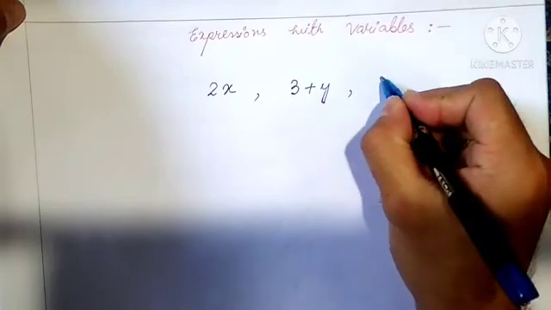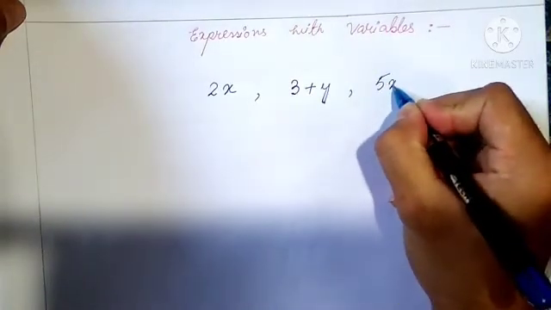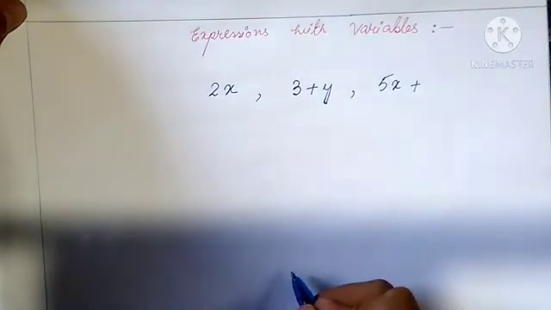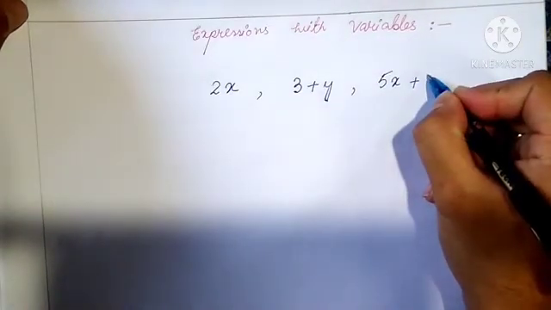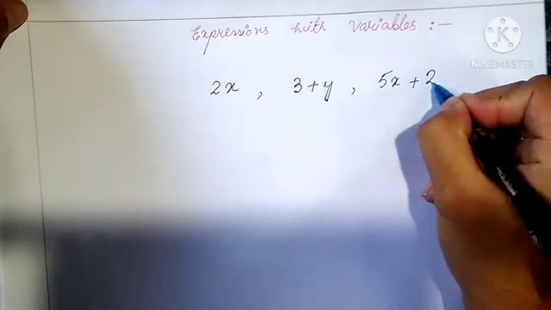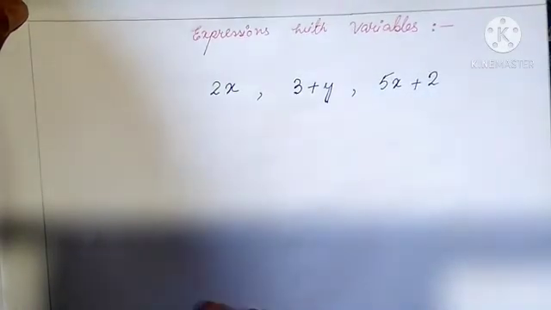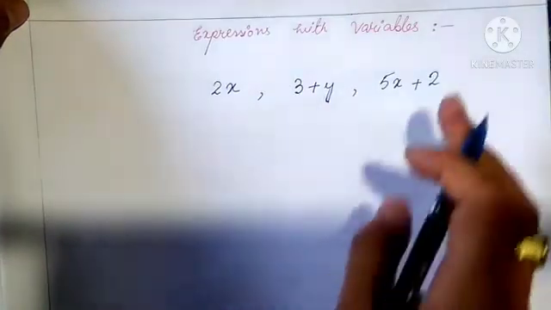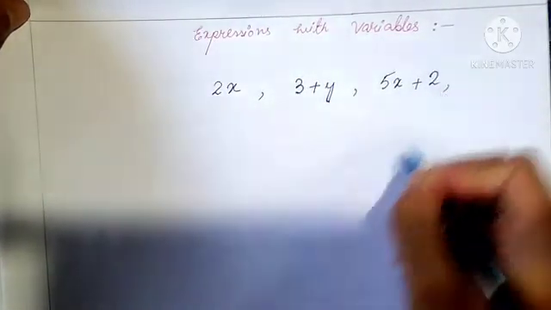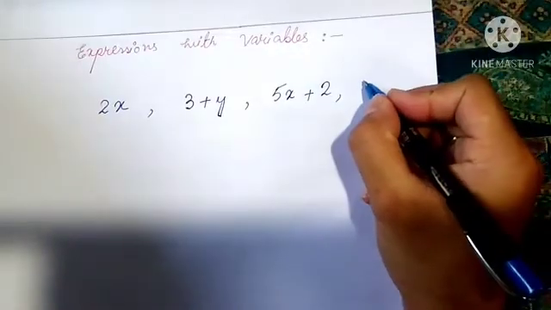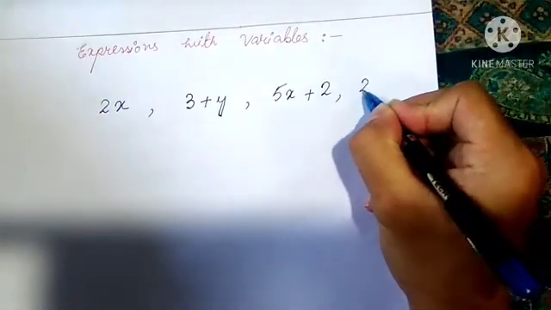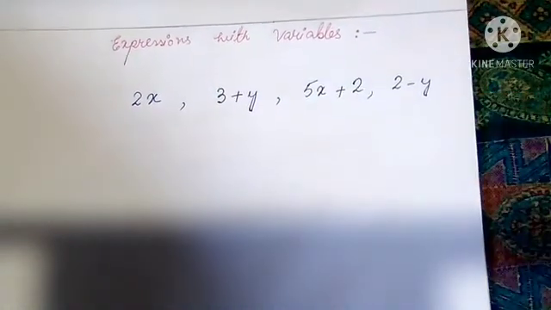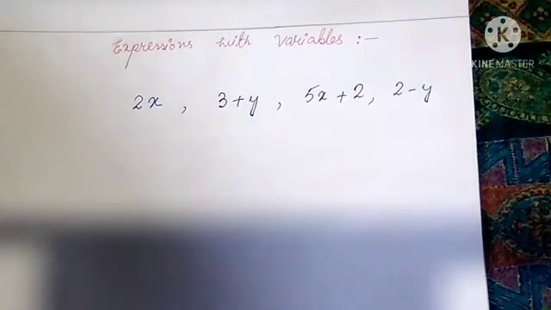So let's say 5x plus, and let's write the constant 2, 5x plus 2. So this is also another example of expression with variable. Instead of writing the plus sign, you can use minus sign also, the subtraction. So let's write 2 minus y. Understood? So this is also an expression with variable.